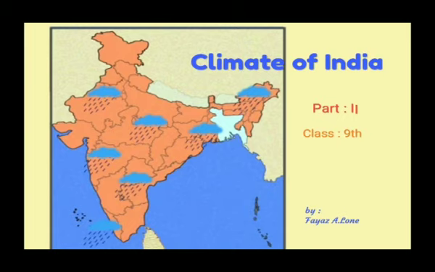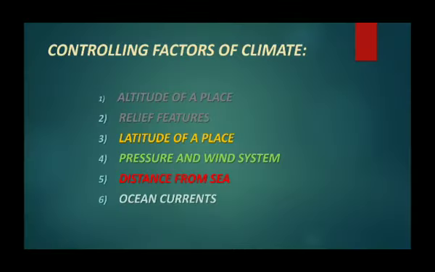Yes, in our first part, we studied the difference in weather, climate, and seasons, the elements of weather, temperature, air pressure, humidity, rainfall, etc. We also studied the regional variations in terms of temperature and rainfall. And towards the end, we also gave an introduction of the important controlling factors of climate.